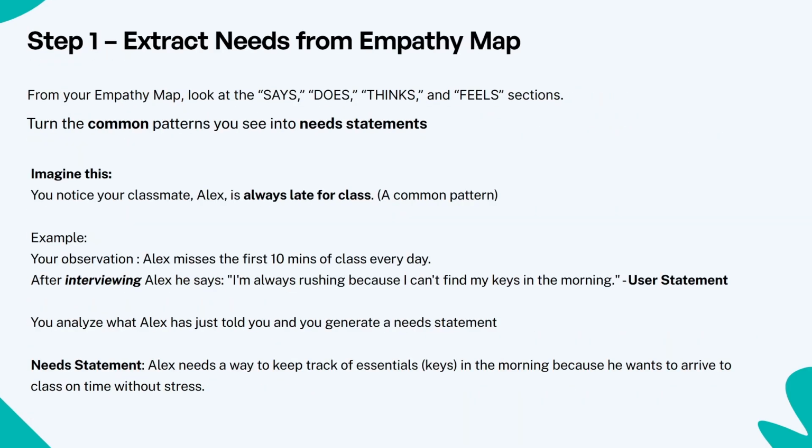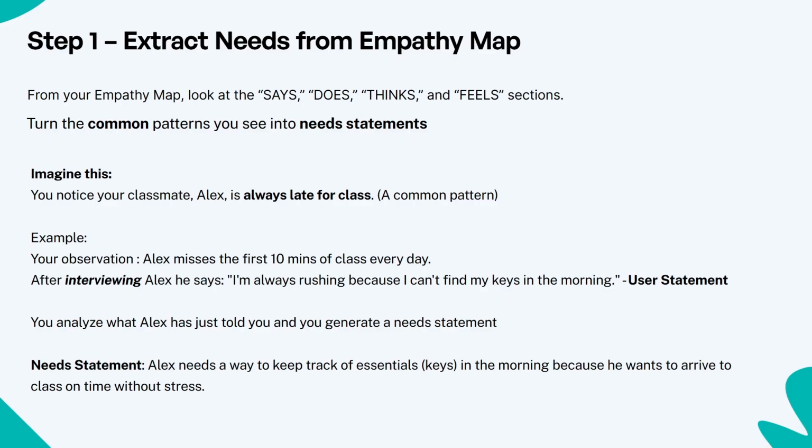So it's time to narrow down. You've been doing a lot of research. It's time to narrow down. For example, you have this example of a classmate called Alex who is always late for class. Maybe it's a common pattern. You did your observation, and after interviewing Alex, he says, I'm always rushing because I can't find my keys in the morning.